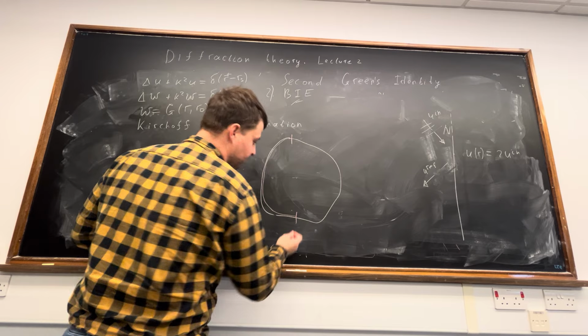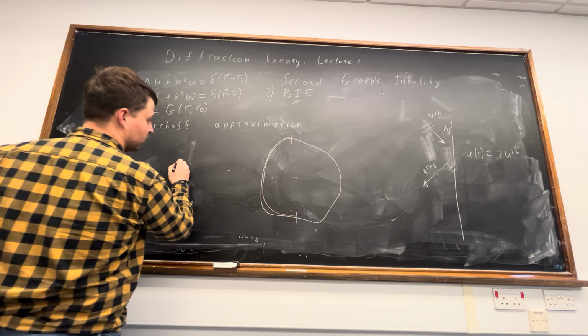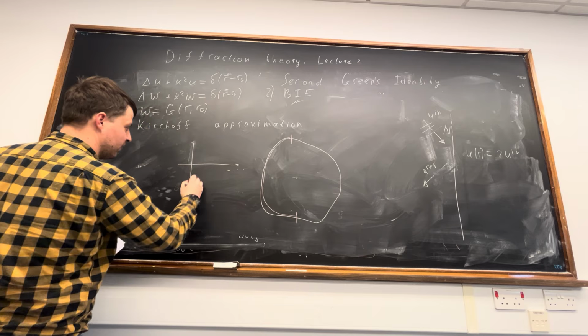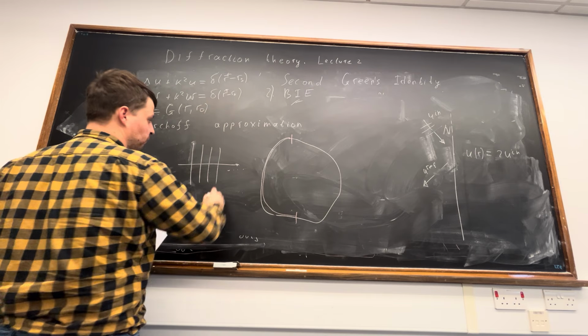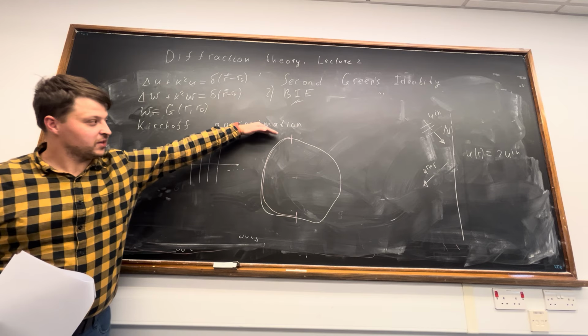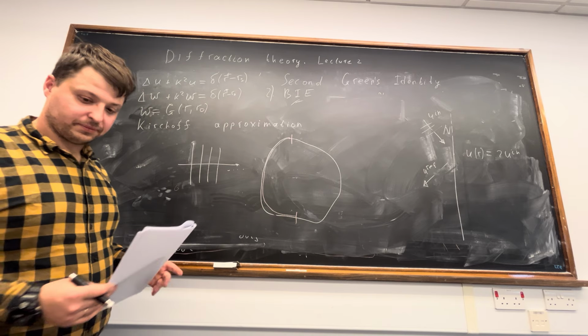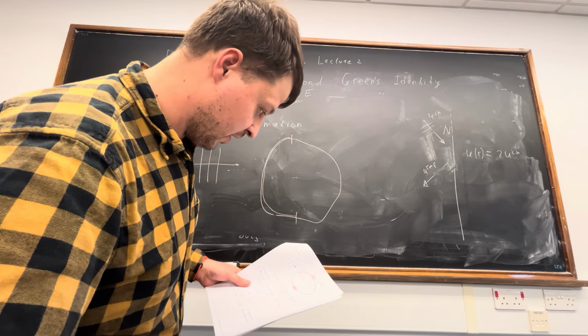To decide which part is radiated, I need first to draw the incident wave. So I stand here. From where I stand, I can see these points. This is the radiated part.